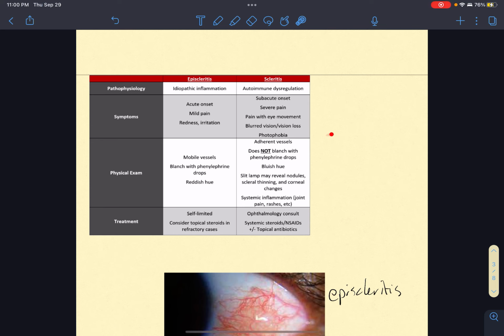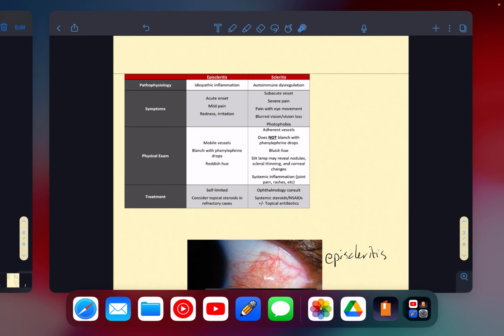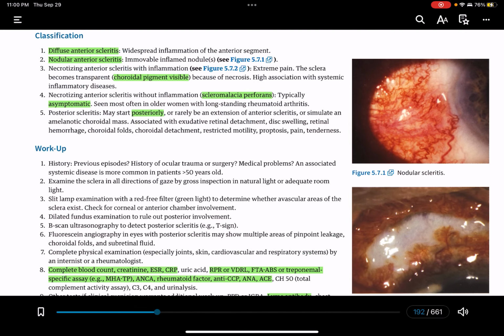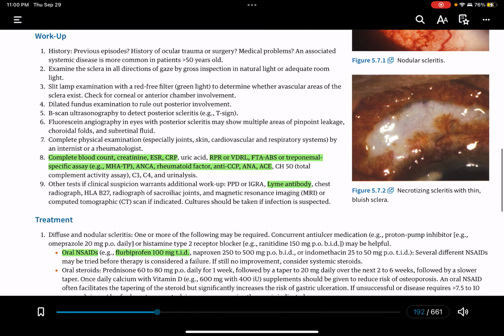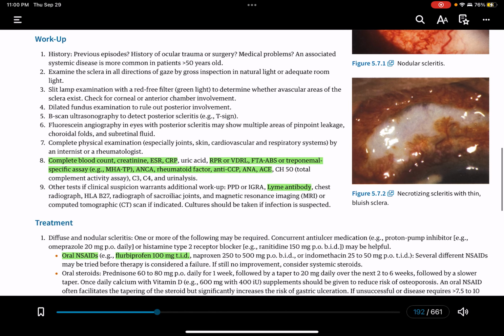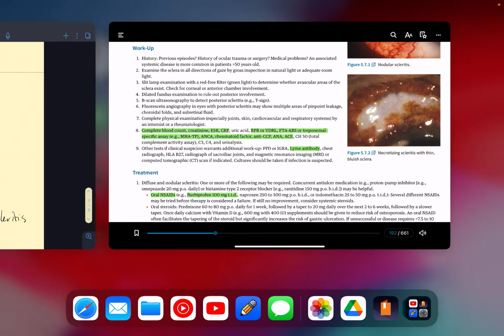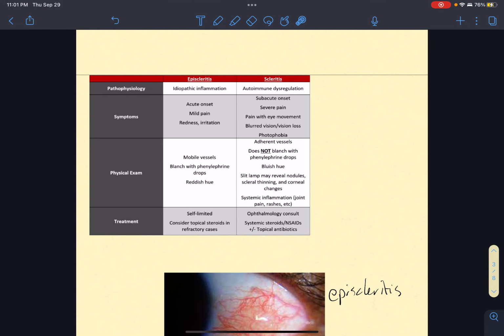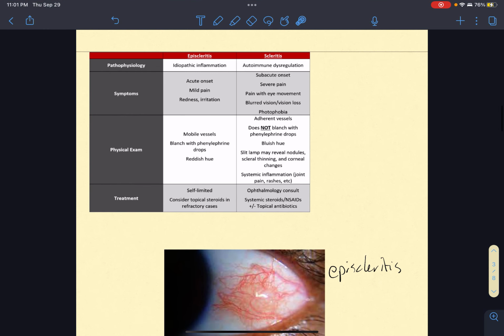If you are concerned about scleritis, I would always get a laboratory workup, and every institution is different. For me, I just follow the Wills Eye Manual, but every institution is usually dictated by the uveitis service, what they typically want to work up. So if you're concerned about scleritis, or if you're not sure between episcleritis and scleritis, since you're in the ER setting, just go ahead and treat it as scleritis.